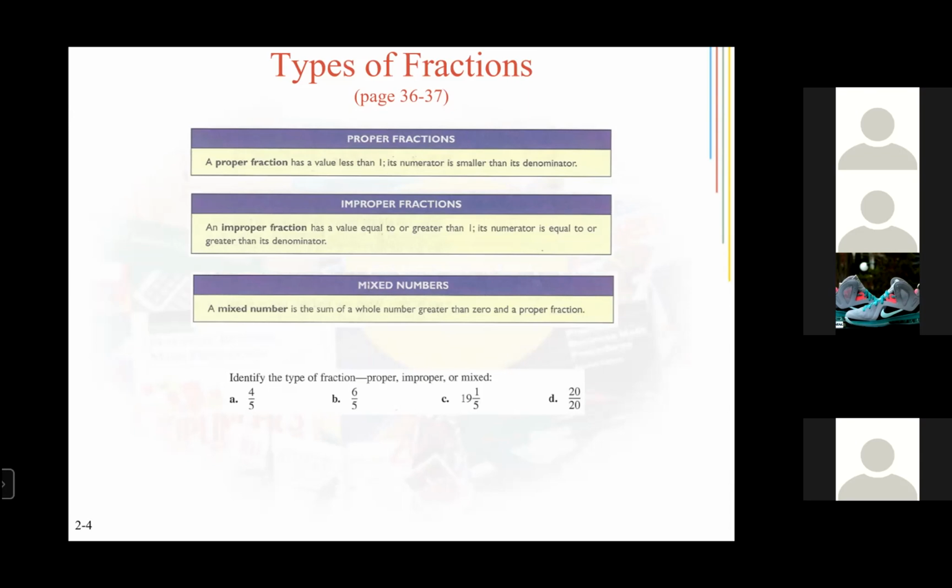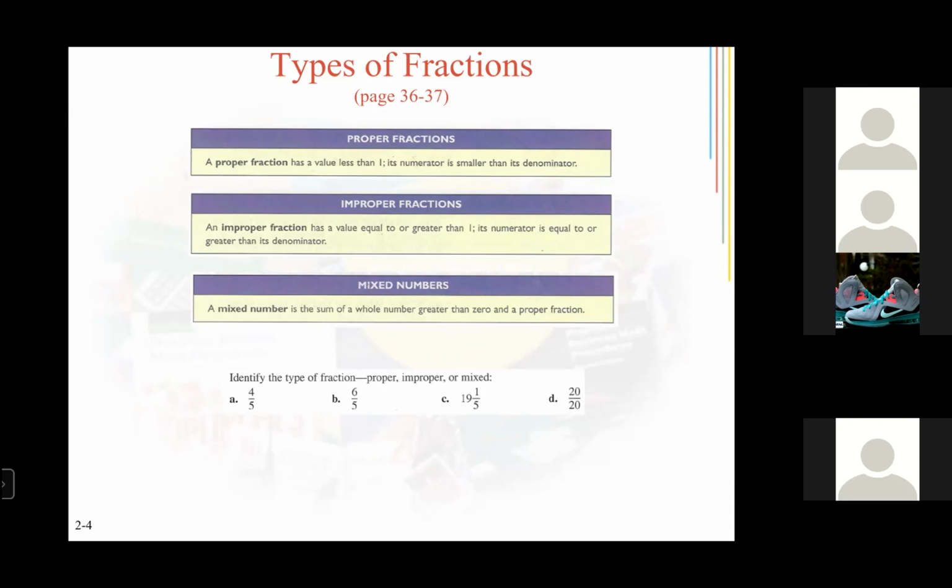Now, if you look at those definitions, the proper fraction has a value of less than 1. Its numerator is smaller than its denominator. An improper fraction has a value equal to or greater than 1. Its numerator is equal to or greater than its denominator. And of course, a mixed number is the sum of a whole number greater than 0 and a proper fraction.